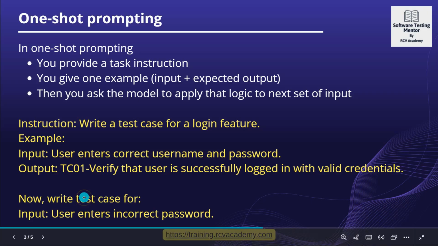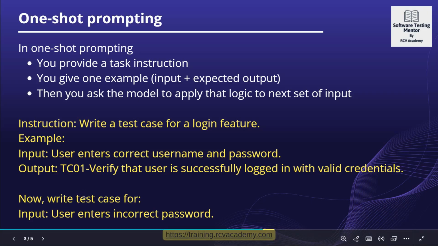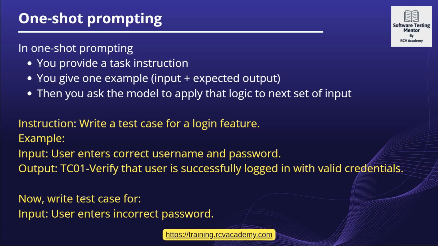If I take an analogy, say a new tester joins your team. That new person will be more clear if you walk them through a test case, how the input and output should be, how the naming convention should be. If you show them one example and then ask, write the next set of test cases following a similar example.